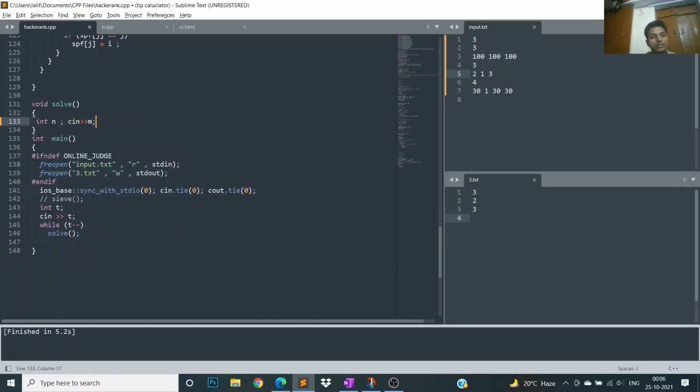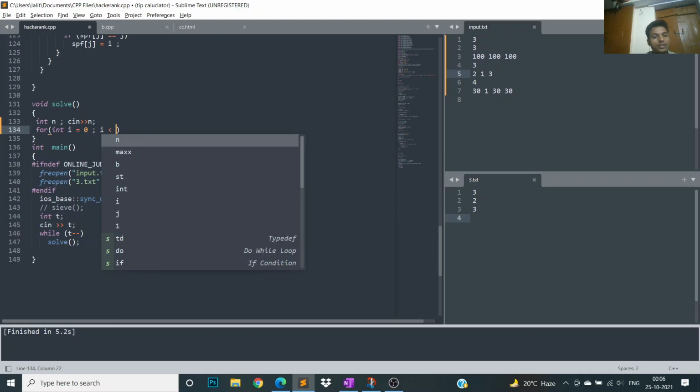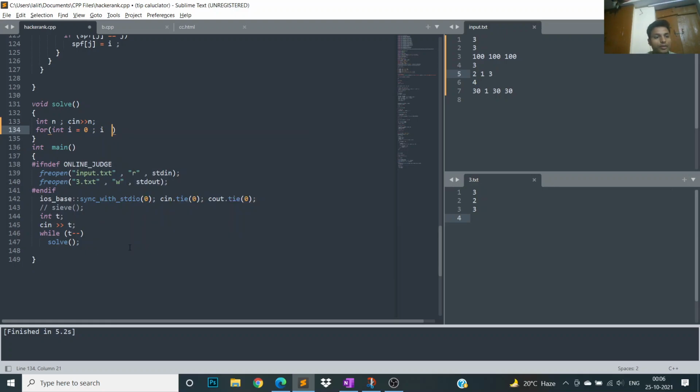So we just read n, then loop with i equal to 0, i less than n, count less than n minus 1.